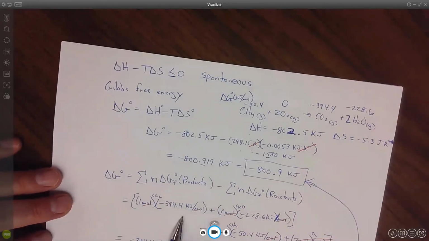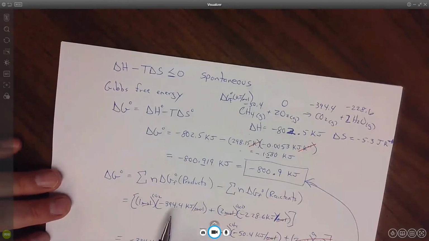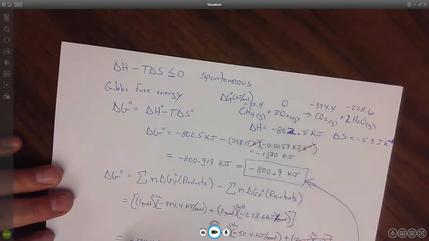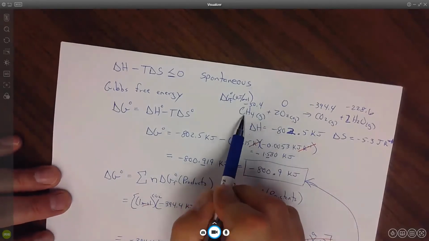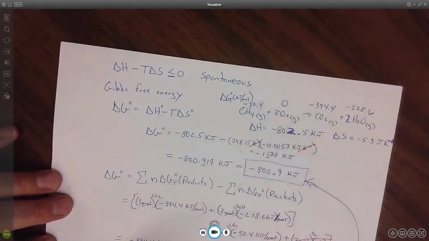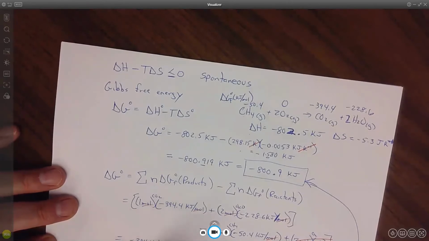That represents a whole bunch of reactions that form each one of these elements, right? So the formation reaction for the methane would have been carbon, which would have been our graphite, that's its elemental form, plus hydrogen, which is a diatomic and a gas, to produce the 1 mole of gaseous methane.